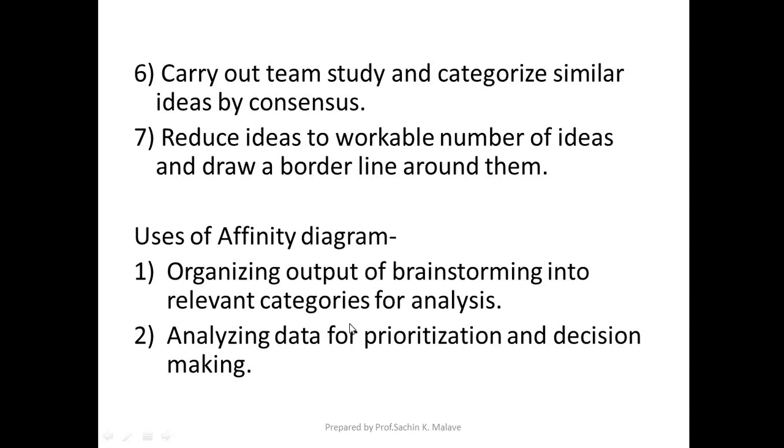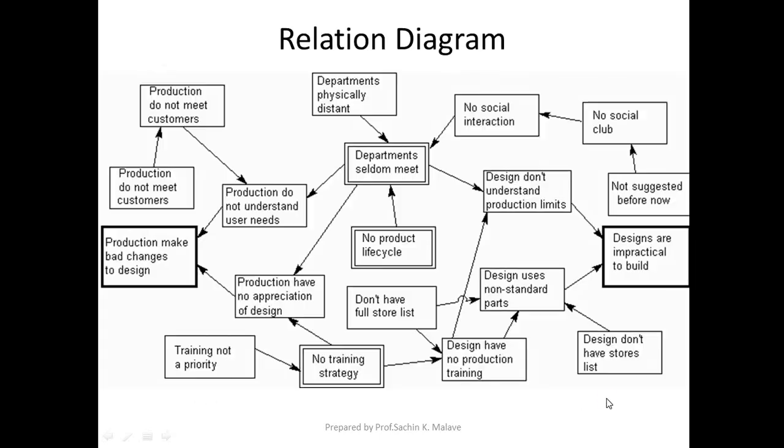That will be very difficult unless and until it is properly categorized. Then it is used for analyzing the data for prioritization and decision making. As I told you, whatever data is there will definitely be used for the analysis, for prioritization and decision making.